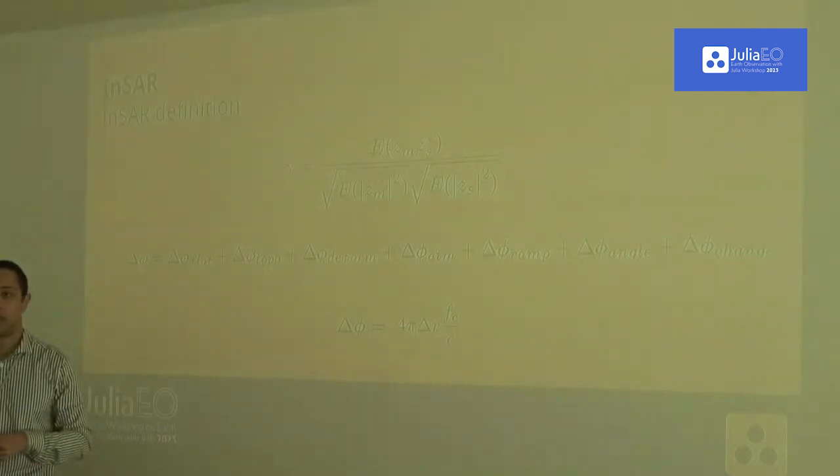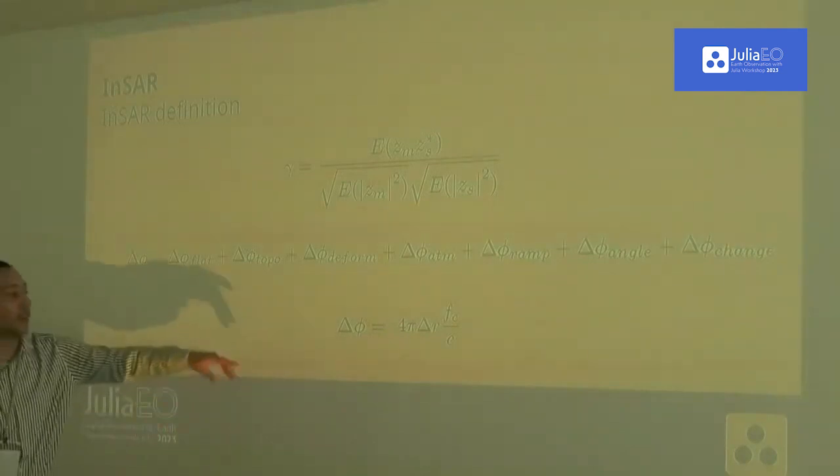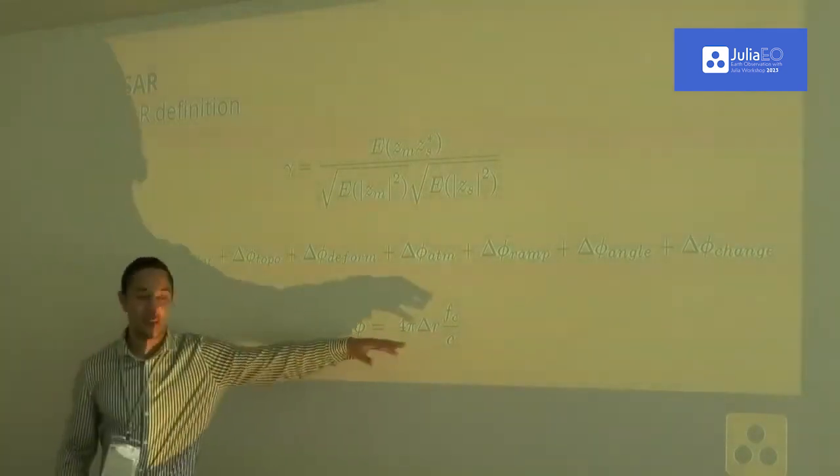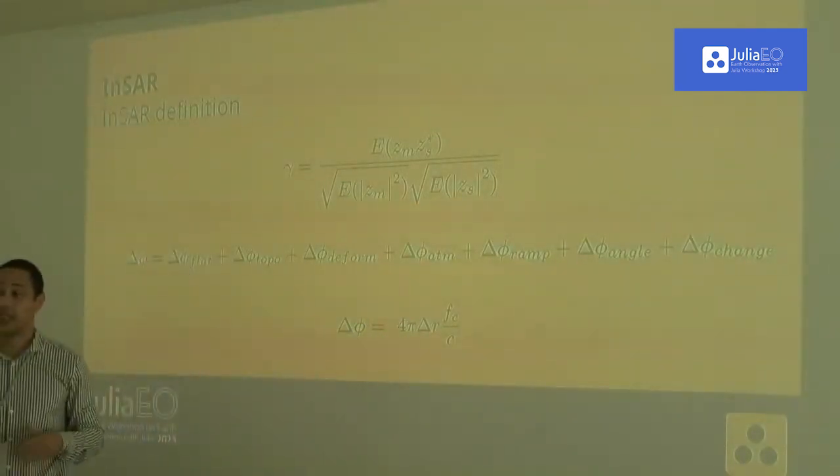So this InSAR requires a stable surface. The principle is that on a stable surface you can look at the phase difference, but if you have a surface that's unstable on the time scale that you're operating, water being a common example, you cannot get any useful information out of the phase because the surface structure will have changed from one image to the next image.